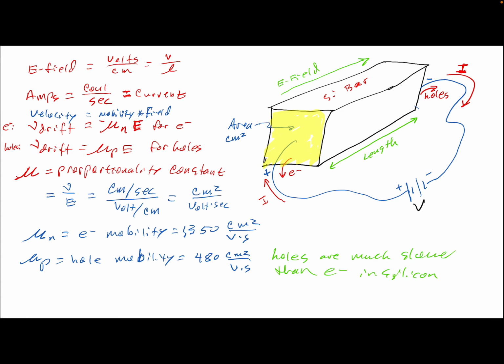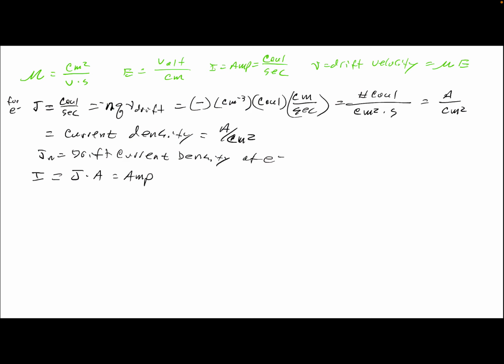That's going to cause current or drift velocity. If we know the number of electrons per cubic centimeter or the number of holes per cubic centimeter, multiply that by the charge on one electron or one hole, we'll get a current density, and multiply that by area to get a current. And we can find a hole current density the same way.